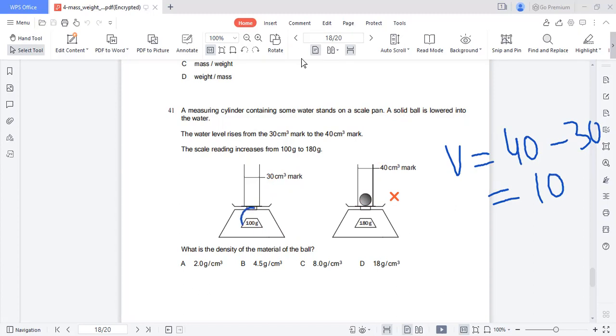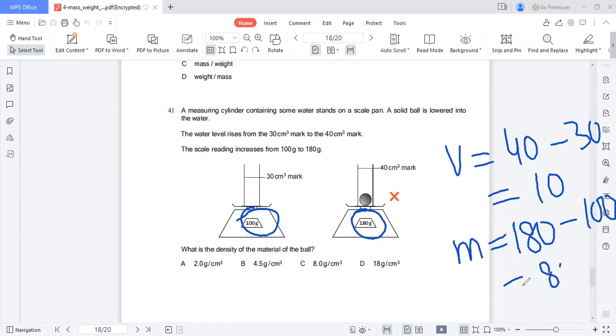Similarly, you can see the previous mass is 100 grams and the new mass is 180 grams. So you can find out the difference of masses as well. So the mass is 80 grams. Now we can easily find out the density. Density is mass over volume.